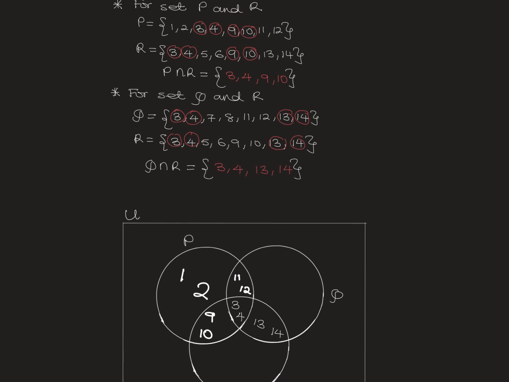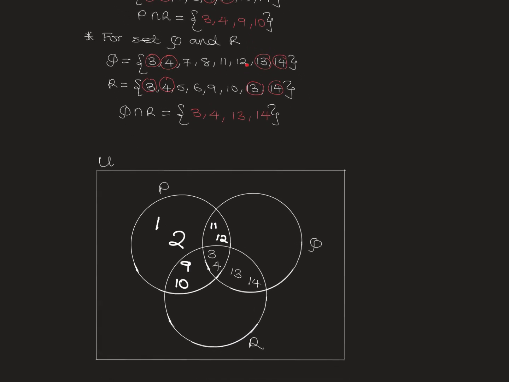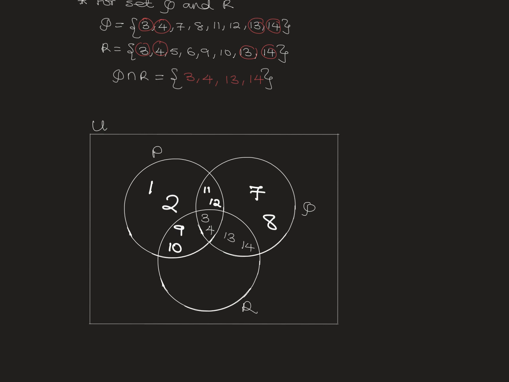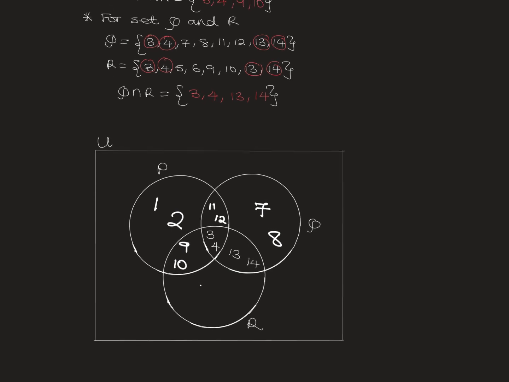For set Q, what is remaining? For set Q, 7 and 8 are remaining. And for set R, what do we have remaining? It is 5 and 6.